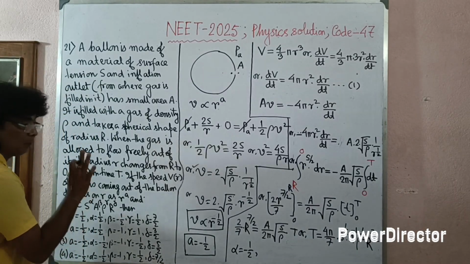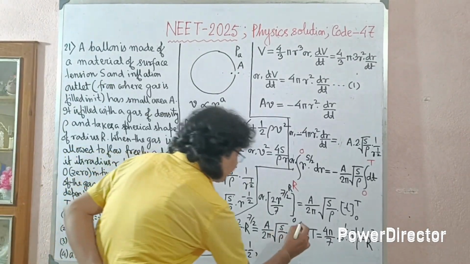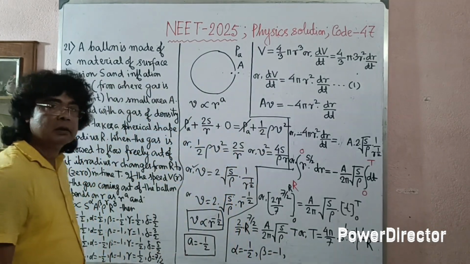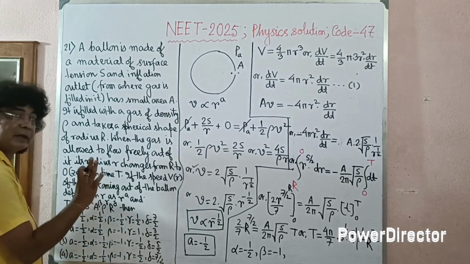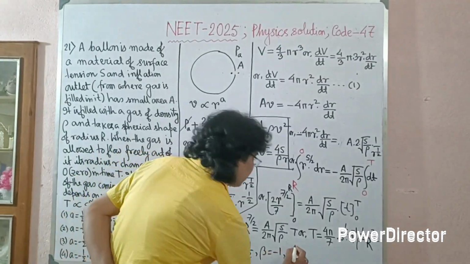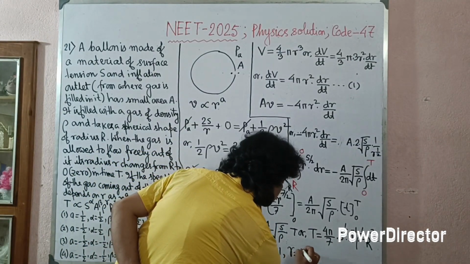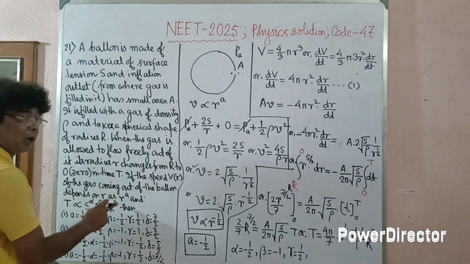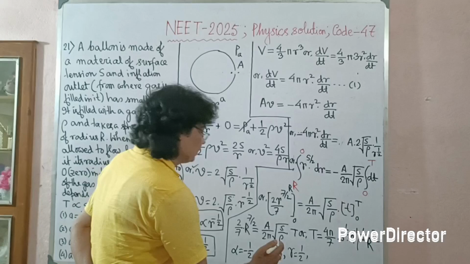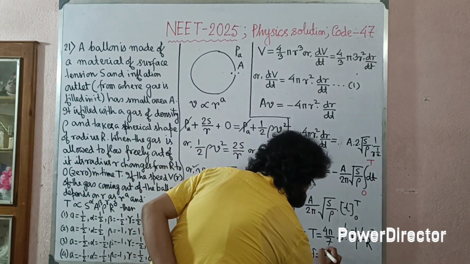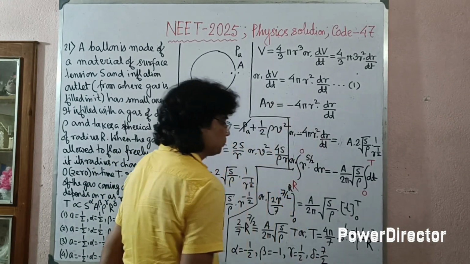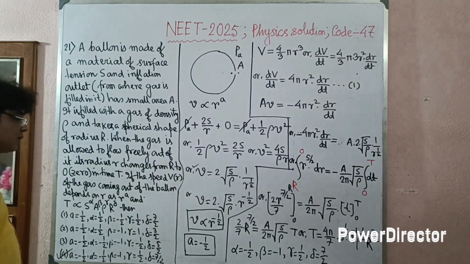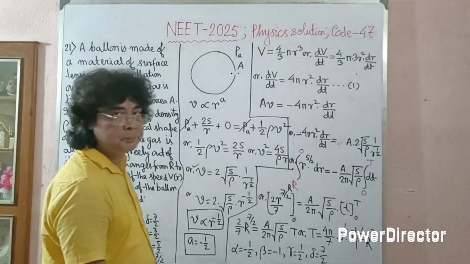Capital A to the power beta, so beta equal to minus 1. Rho to the power gamma, gamma equal to half, and capital R to the power delta, delta equal to 7 by 2. So what is the correct answer? Correct answer is number 4.